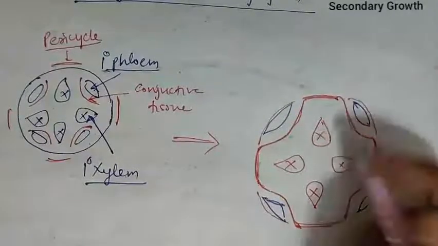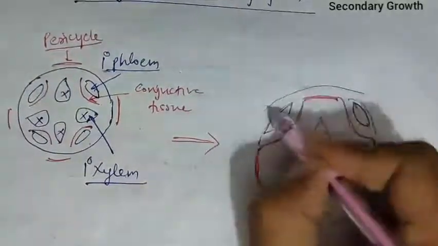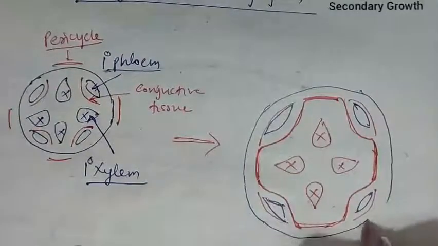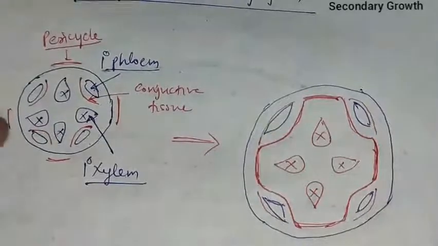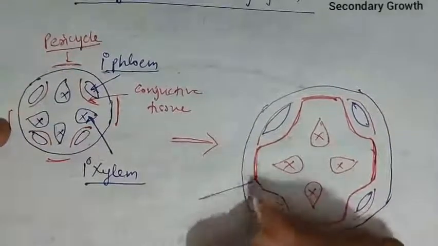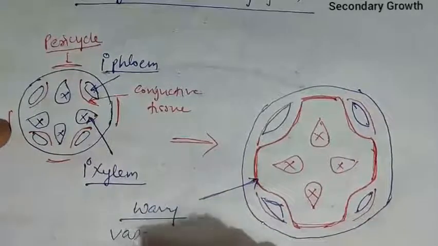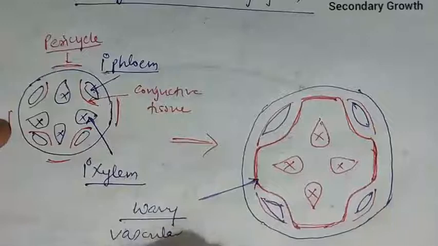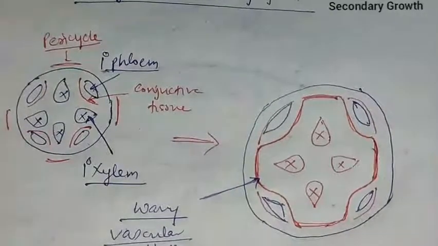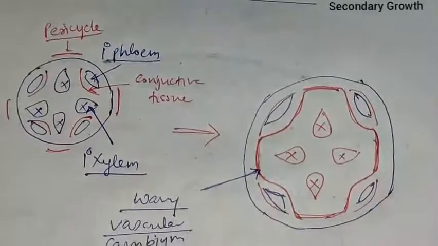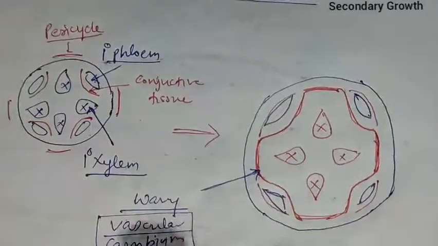Outside to that we will have several layers like endodermis, then cortex and epidermis, but this is about only the vascular bundle. So we can find this is the wavy vascular cambium formed by a fusion of these particular cells of pericycle and cells of conjunctive tissue. So now we talk about the activity of this vascular cambium in dicot root.